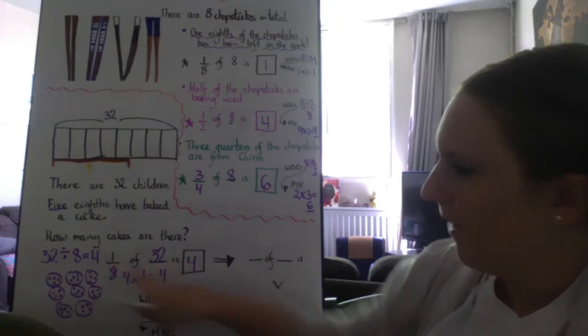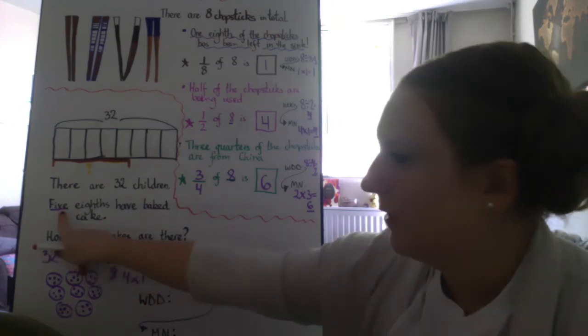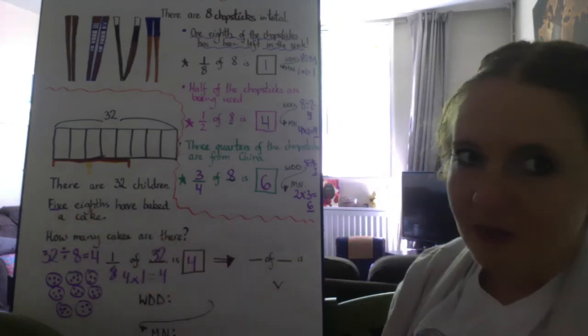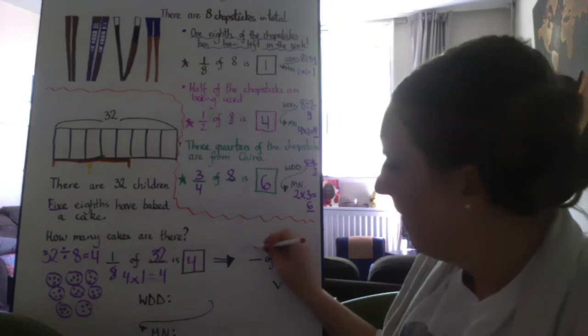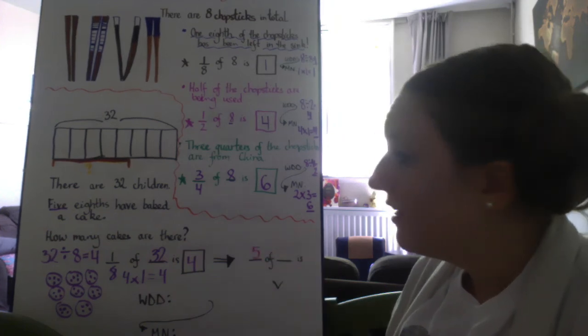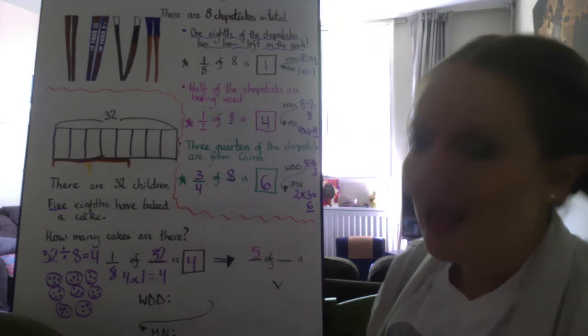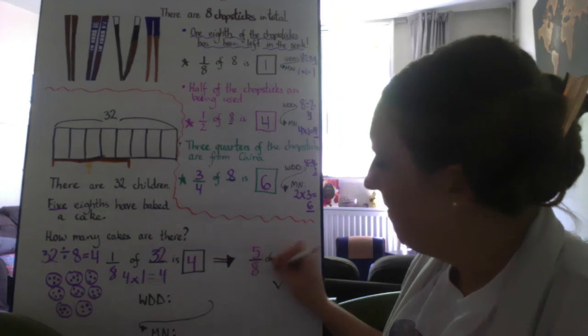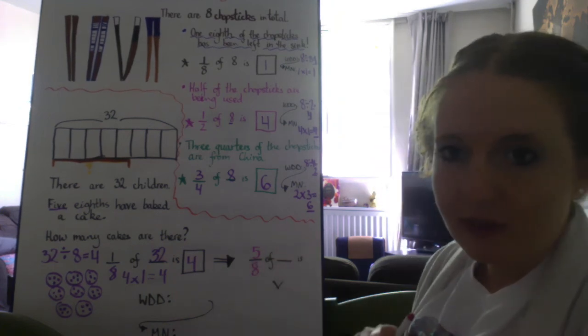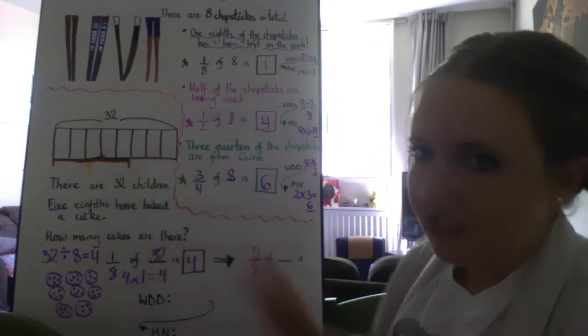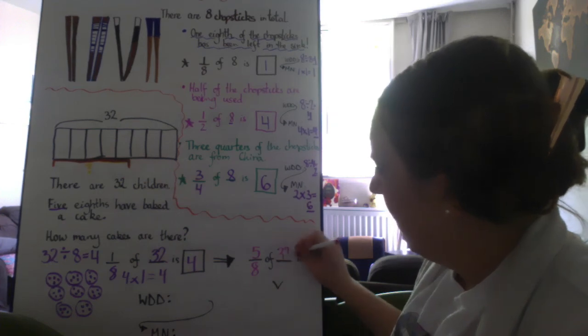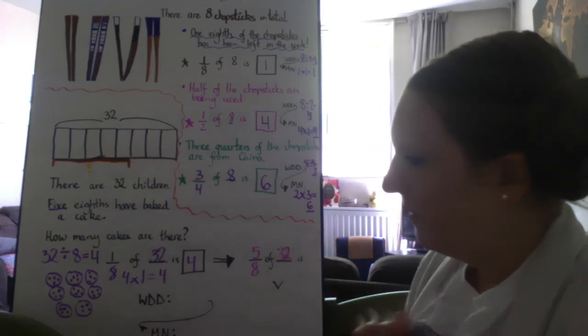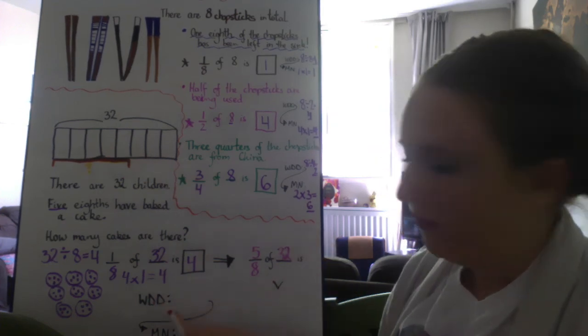Here was my unit fraction. Now I want to do my non-unit fraction, 5/8. So my numerator is going to be 5, and my denominator is going to be 8. 5/8 of my whole is going to be the same, 32. It is not changed. 5/8 of 32. Same thing now, WDD.